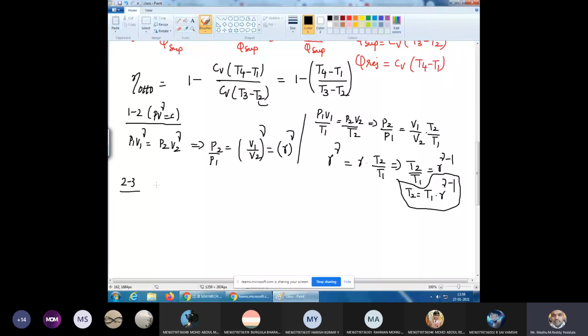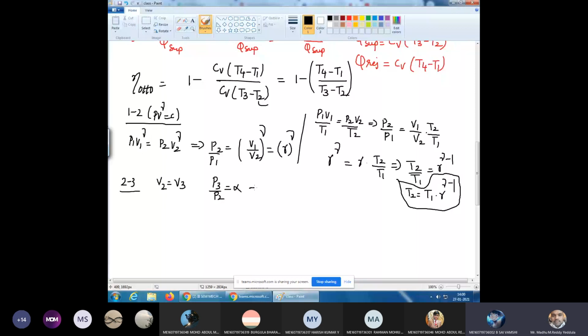Also, for 2 to 3, P3 by P2 is the explosion ratio. Is it clear so far? Students, please respond.